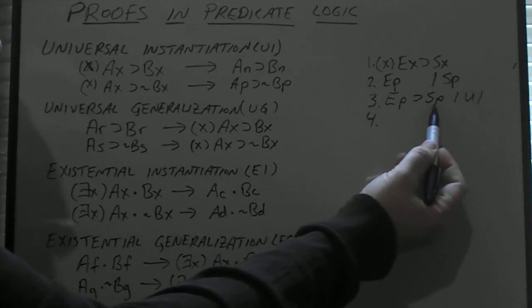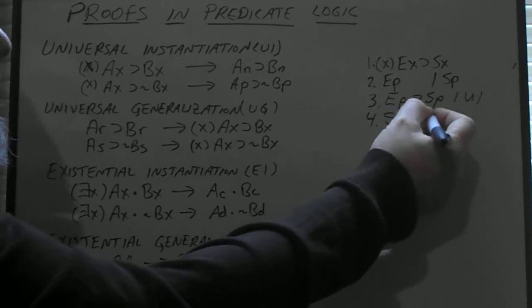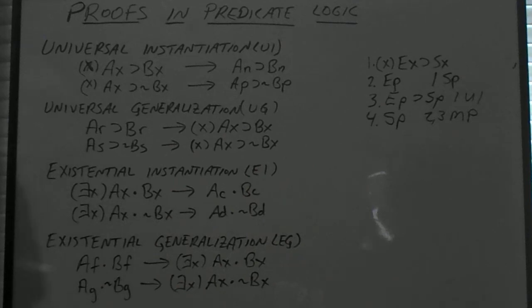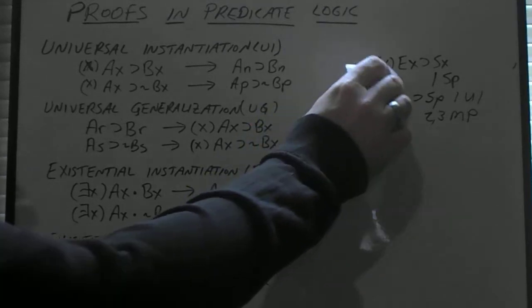If Ep, then Sp, Ep, therefore Sp, from 2 and 3, modus ponens. Okay? So basically, like I said, other than using the instantiations and generalizations, working a proof in predicate logic is pretty much the same as it was in other forms. So let's look at another one here.